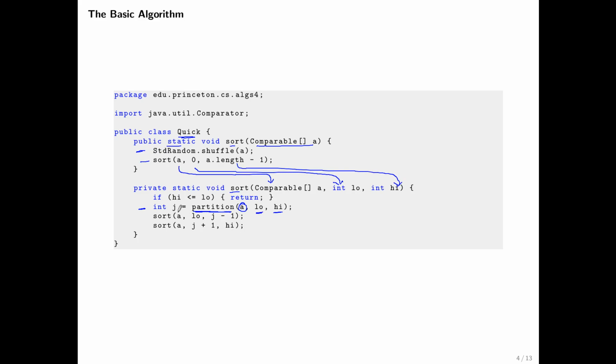Okay, and partition will also end up returning the final index of the pivot element, which we store in the variable j. Okay, so once the partitioning is done, j is basically the index of the pivot element.